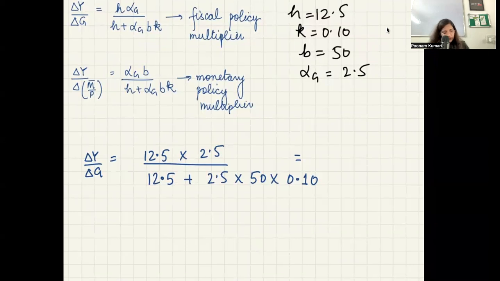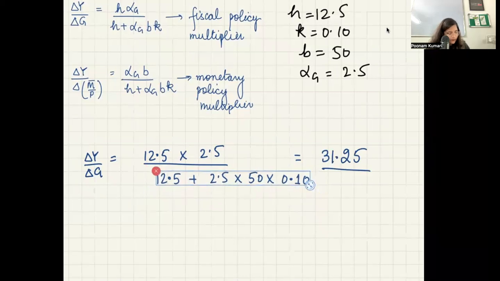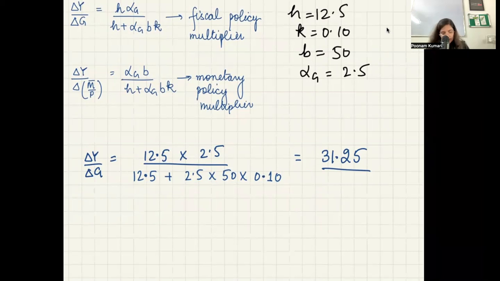So 12.5 times 2.5 is 31.25. Then I just divide it by the denominator. First of all, 2.5 times 0.1 times 50 gives 12.5, so we get 12.5 plus 12.5, which is 25.